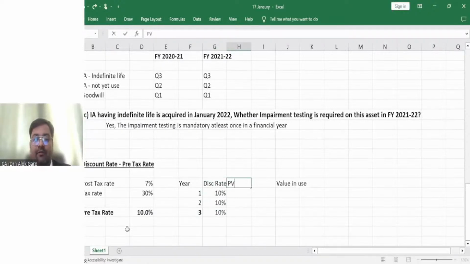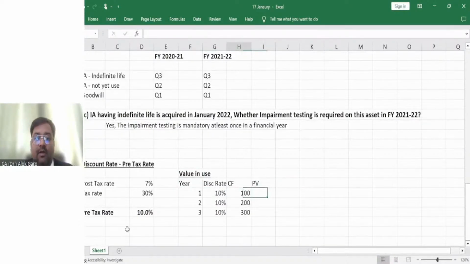This is your present value factor, and this is your cash flow. Cash flow is, let's say, 100, 200, 300. This is your value in use, which is the present value. So you are computing value in use.